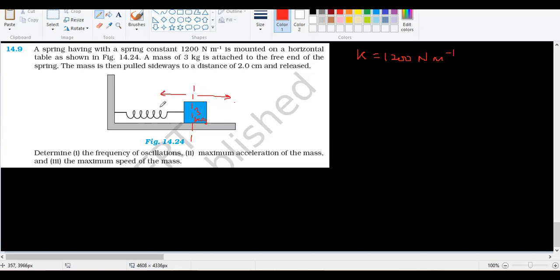So it's going to go back and forth like this. The mass is then pulled sideways to a distance of 2 centimeter and released.